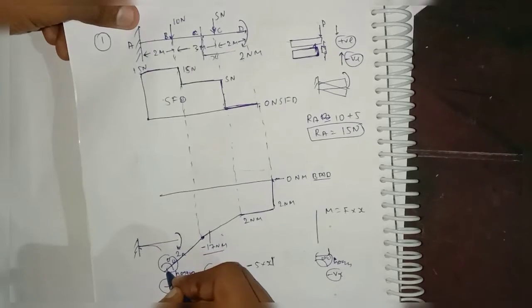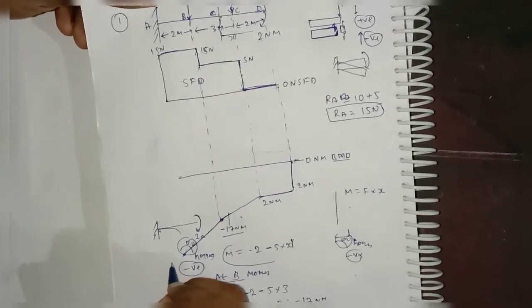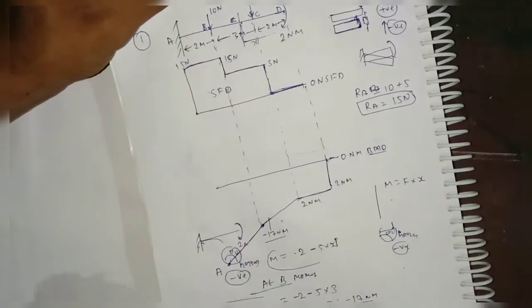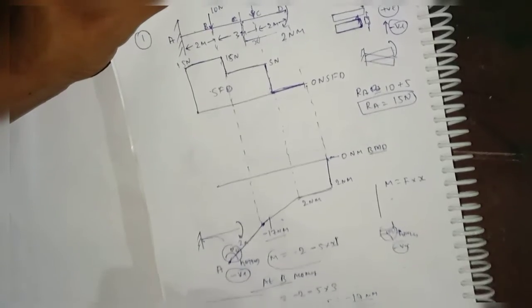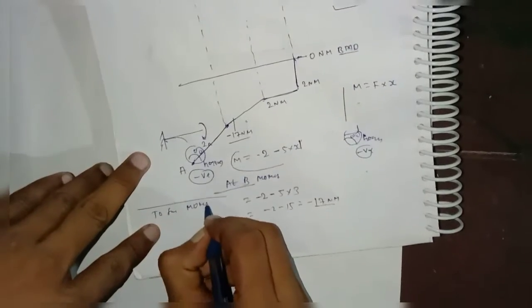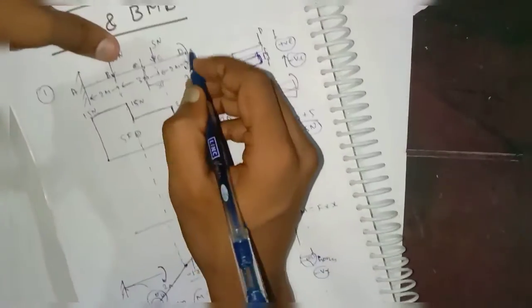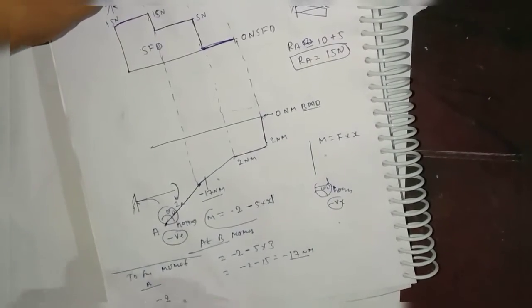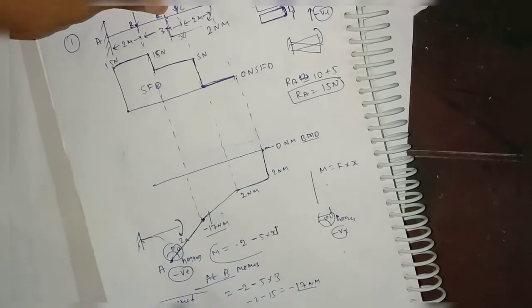For this it will come like this, okay. And at this point, suppose we have to find moment at point A. So how to find moment at A? This is 2 Newton, we have to take negative, so this is minus 2, and it is directly moment, so we directly write 2.